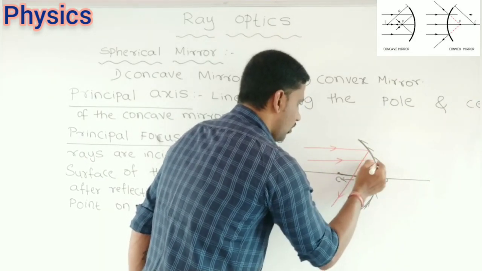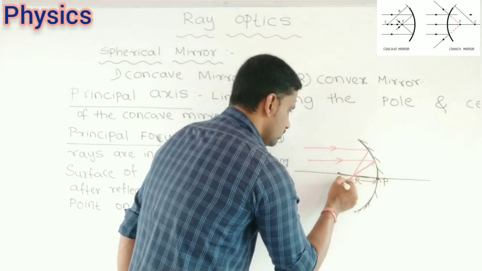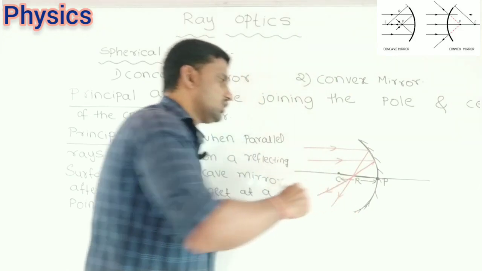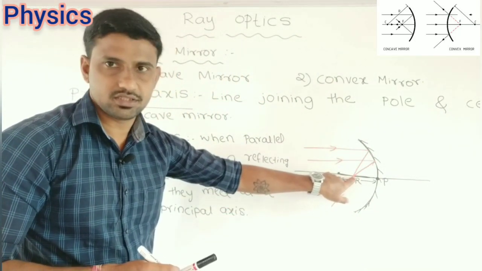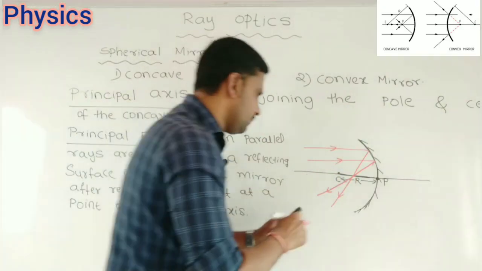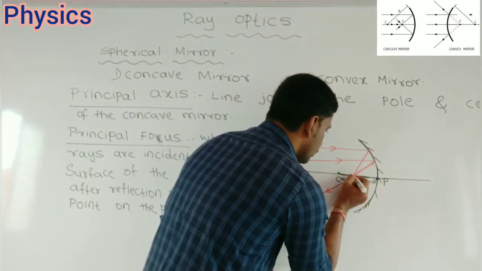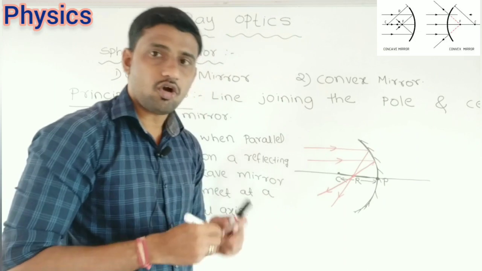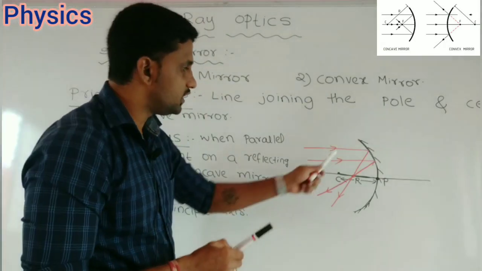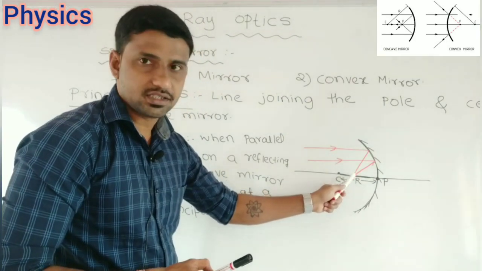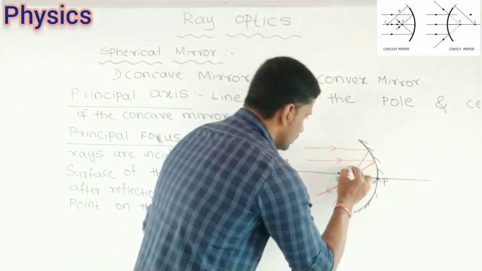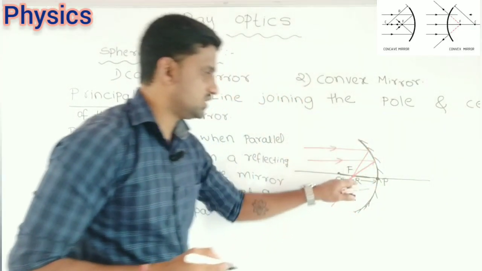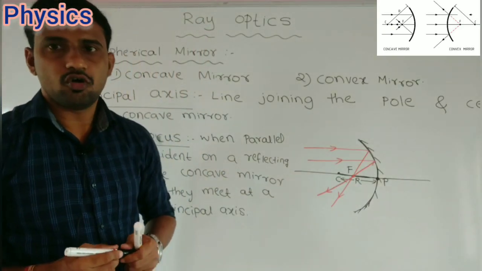That point is the common point in which the first incident ray meets. That means the common point in which both the rays of light meet after the reflection on the principal axis. That is called the principal focus. This is the principal focus of the concave mirror.